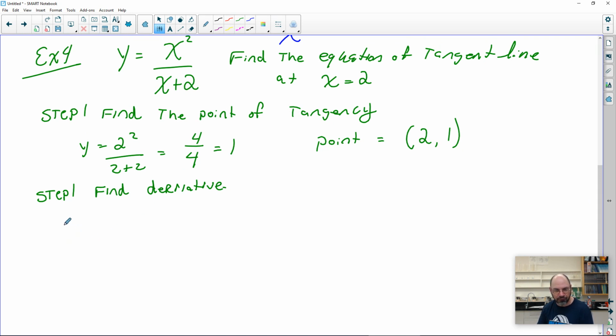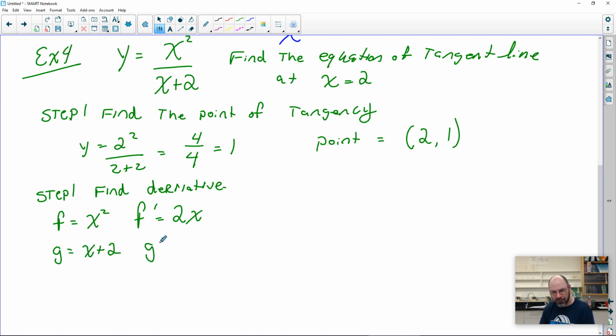So we're going to say f is equal to x squared. Therefore, f prime is equal to 2x, power rule. And g is equal to x plus 2.